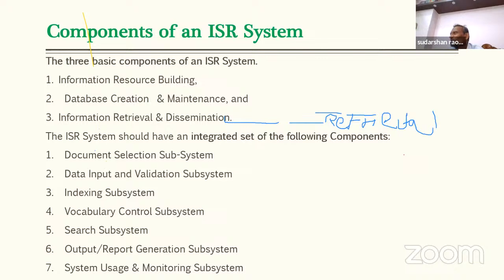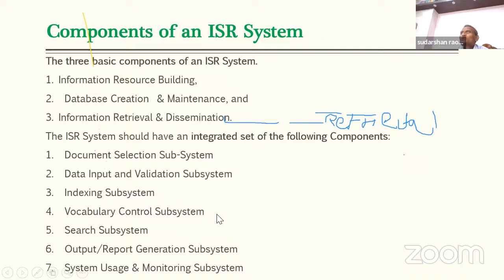For micro literature, smaller documents like articles, conference papers, smaller reports, we are going to index them. Indexing is done for micro documents, while classification is done for the macro, bigger books. So the indexing subsystem covers how to index, the indexing technique, etc.